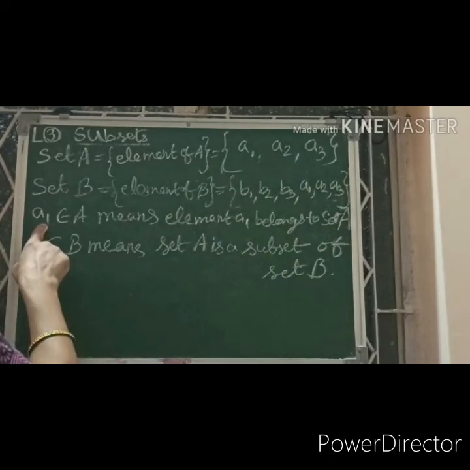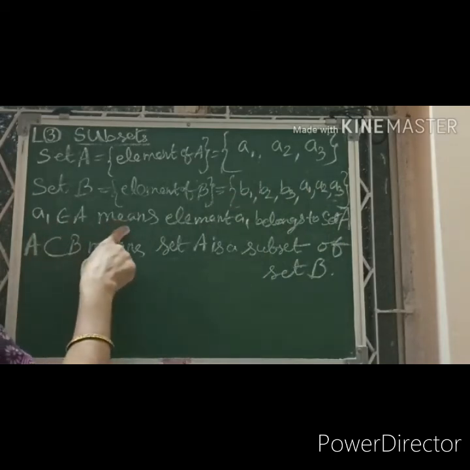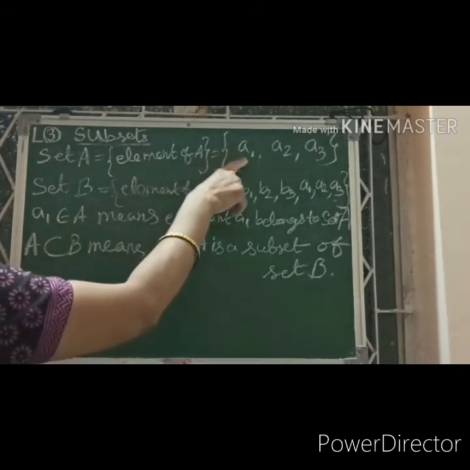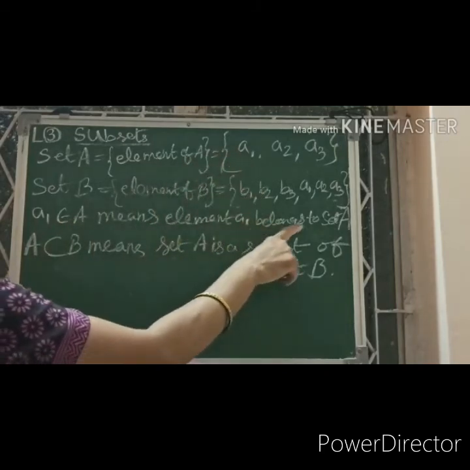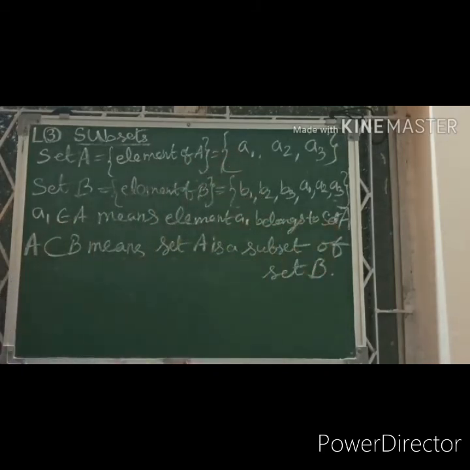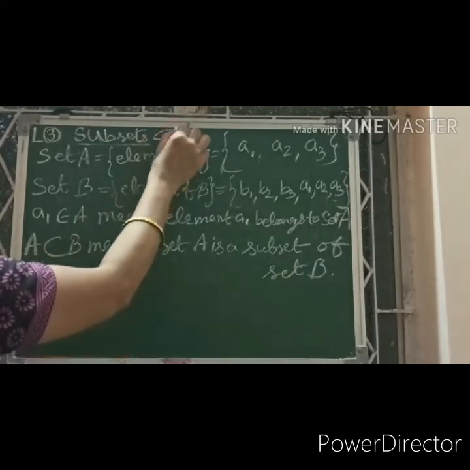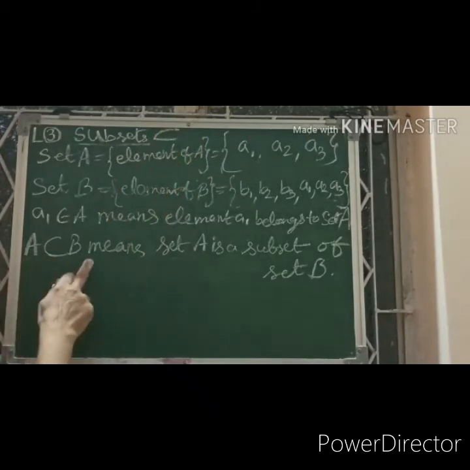Now, a1 belongs to A means element a1 is in set A. How will you read it? Set A is a subset of set B. This is the symbol of subset. How will you read it?